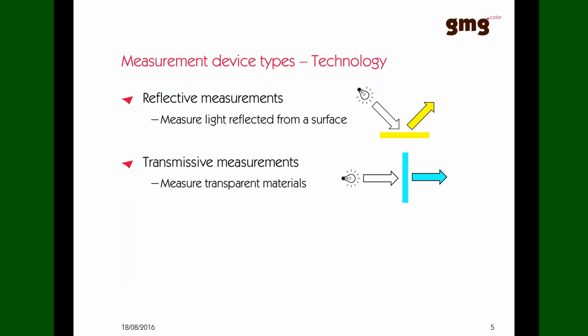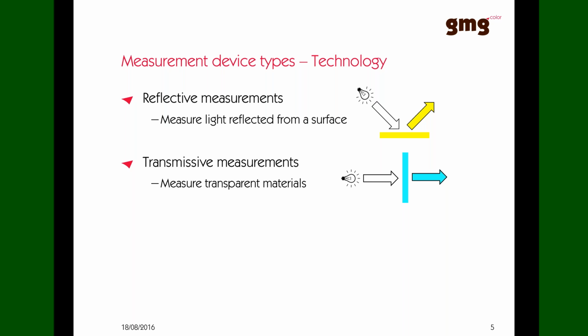The densitometer as well as the spectrophotometer, there are basically two available possibilities that you can measure with those devices. So you can do reflective measurements with most of the devices. So you are measuring light that's reflected from a surface. And there are also some measurement devices that support a transmissive measurement.